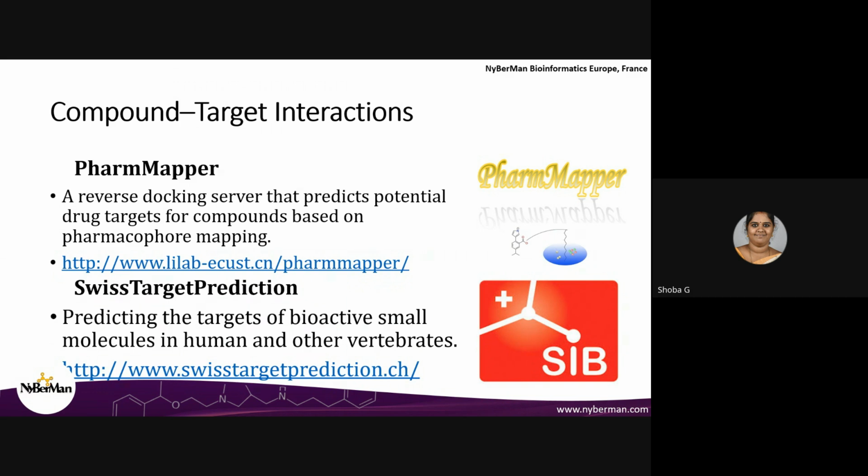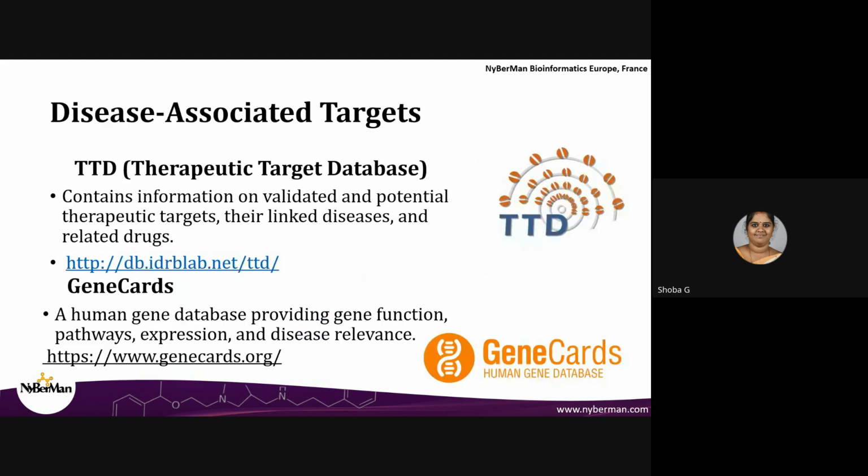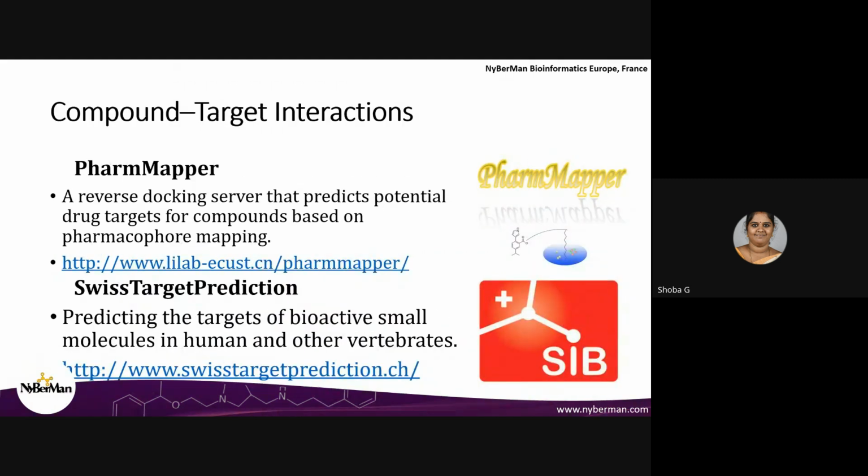But in PharmMapper, based upon the compound pharmacophoric features or the similarity features, we'll get around 300 targets over there. So here also we'll get the targets, and in this tool also we'll get the targets. Both the targets we merge. After that only we are going for the string analysis.